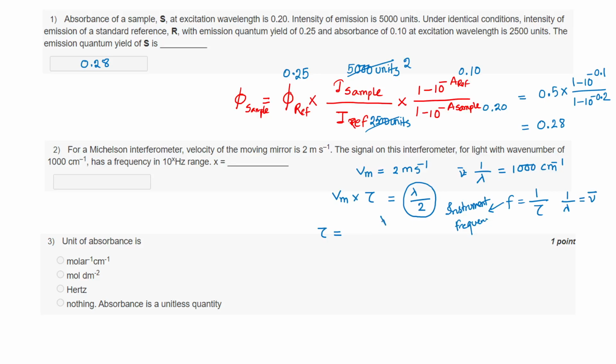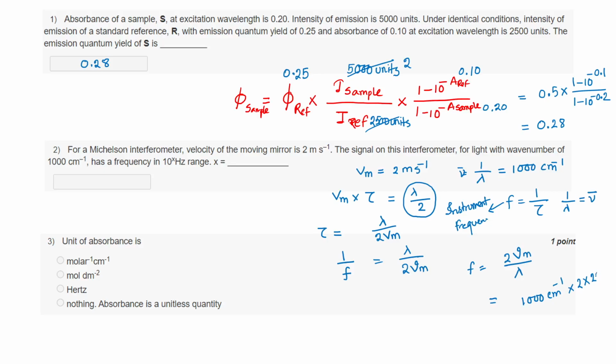So let me get tau. Tau will be lambda by 2 Vm, and I need the frequency. So F is 2 Vm by lambda. So 1 by lambda is already given, that is 1000 centimeter inverse, and 2 into Vm is 2 meter per second.